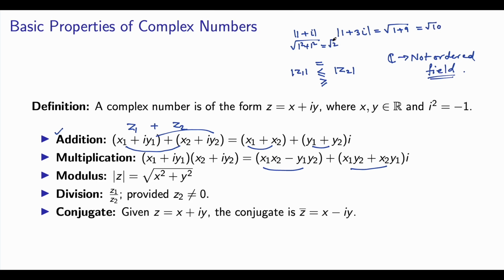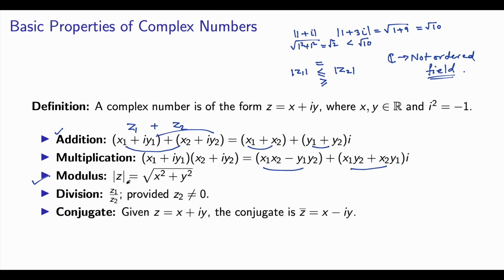Of course root 2 is less than root 10, so in that way you can order. This is not an ordered field, so we are defining order using the modulus property.